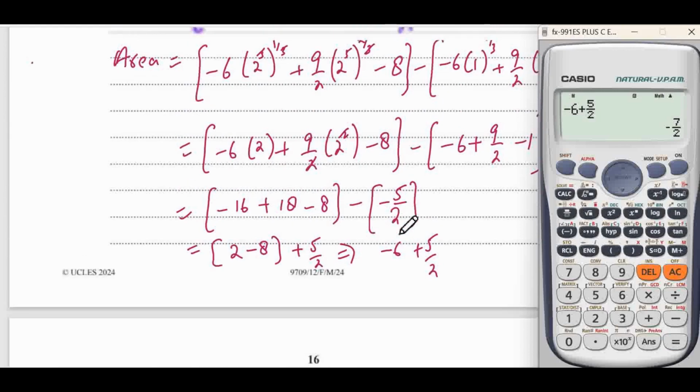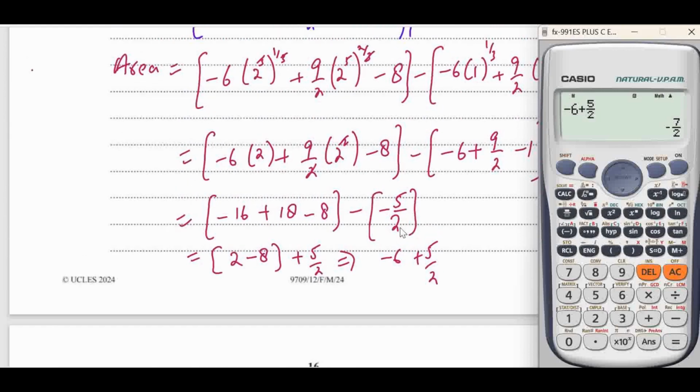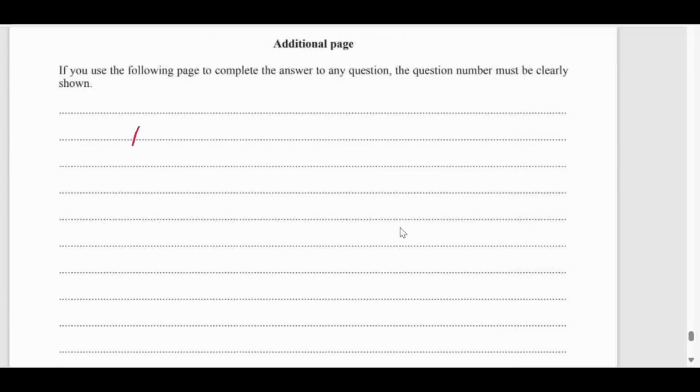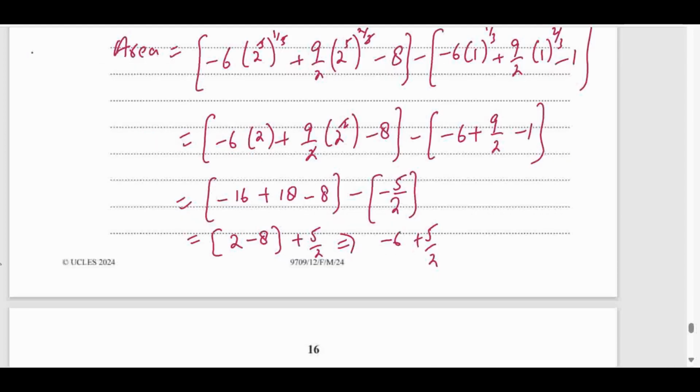So area will be equal to minus 7 by 2. There is a slight change: this one should be minus 12.